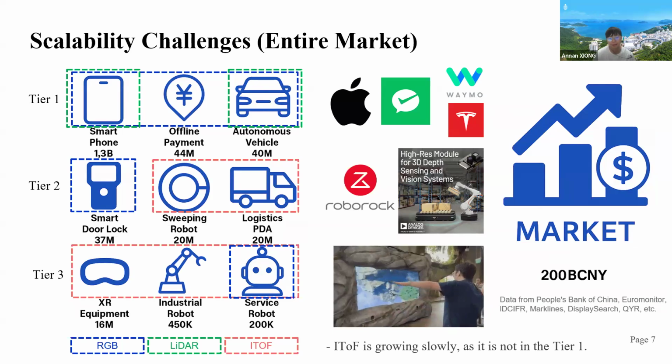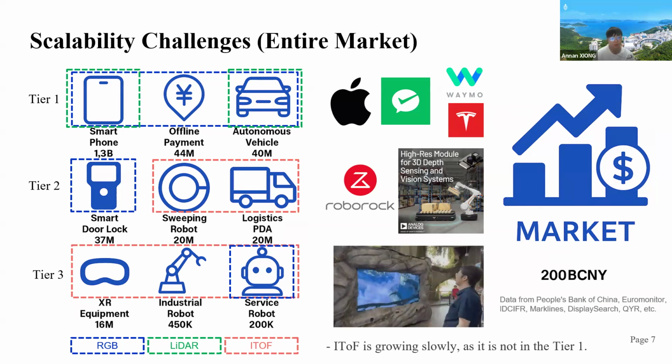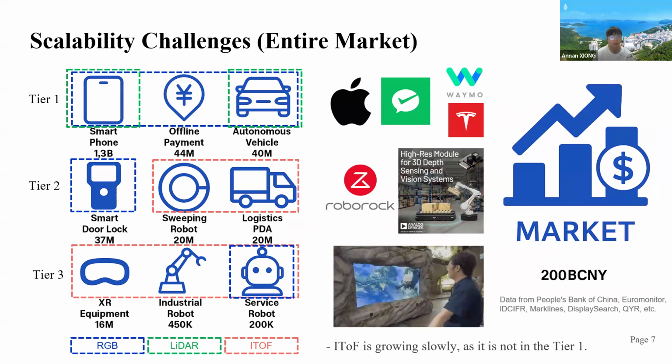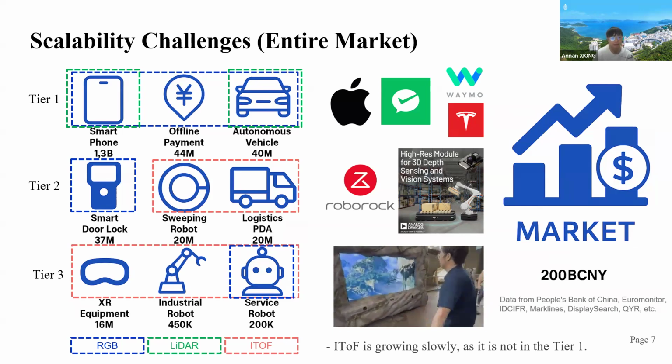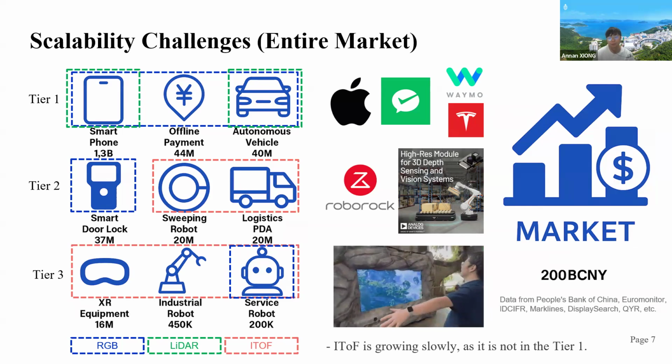How about the entire market? We can develop the applications into three tiers. For the first tier, there is already no place for iToF sensors. In tier 2 and tier 3, iToF can occupy a large share.